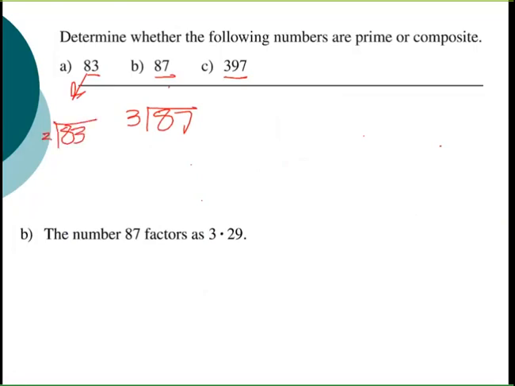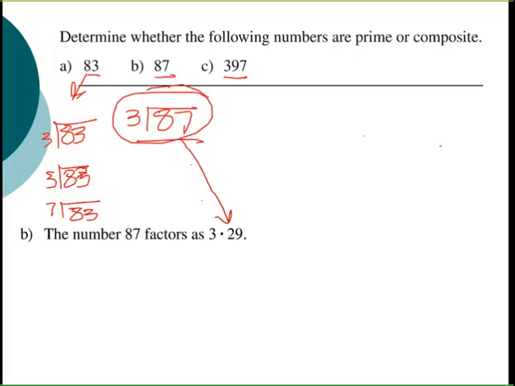You would have divided by 3, you would have divided by 5, 7, and it wouldn't have worked. I skipped 2, but you get the point, I hope. And so here, with 87, when you start dividing in the same straightforward way, we actually do get one that works.